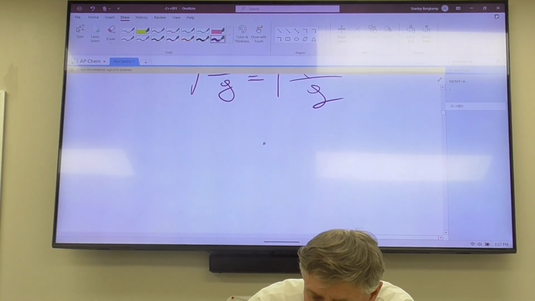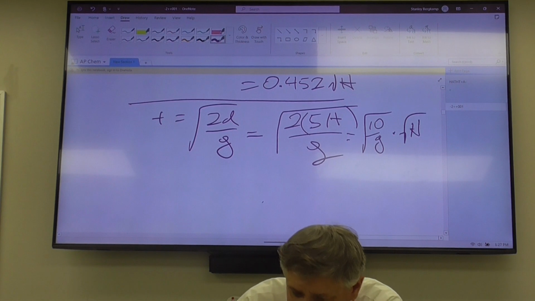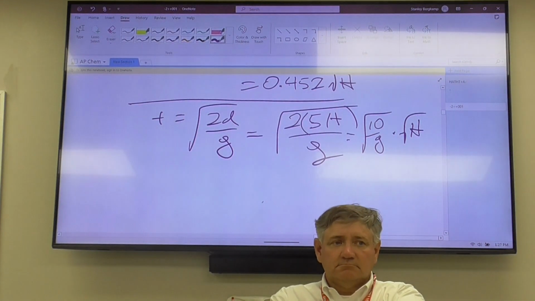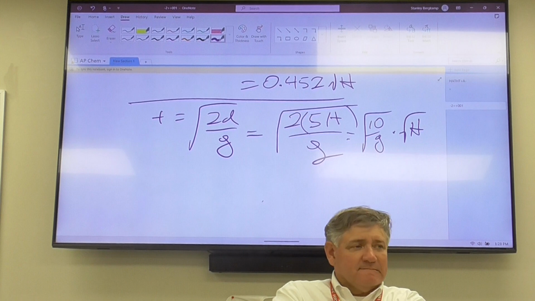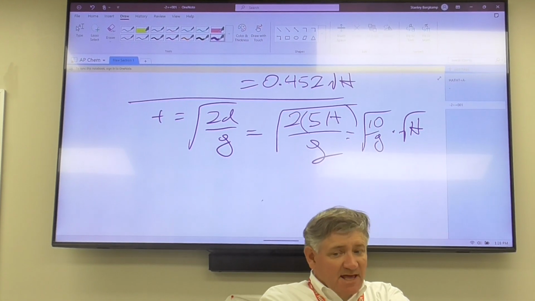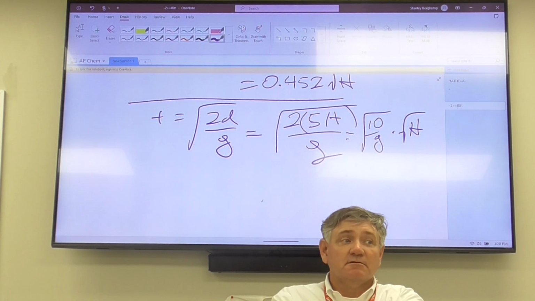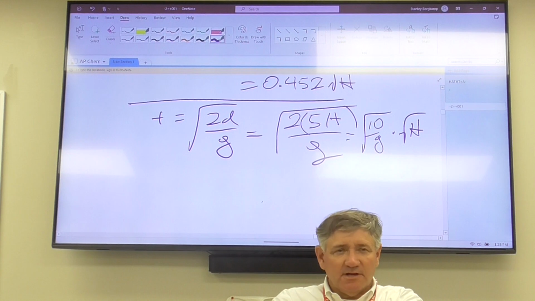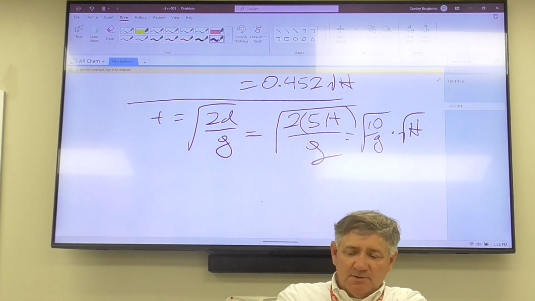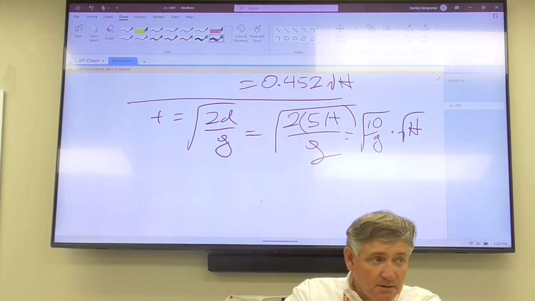So can I write this as the square root of 10 over g times the square root of h? Yes, absolutely, that's perfect. Now, can I take the square root of 10 divided by g? Define g first, and then you can: it's 9.8. So somebody give me that number. Take 10 divided by 9.8 and take the square root of that. It's 1 something.